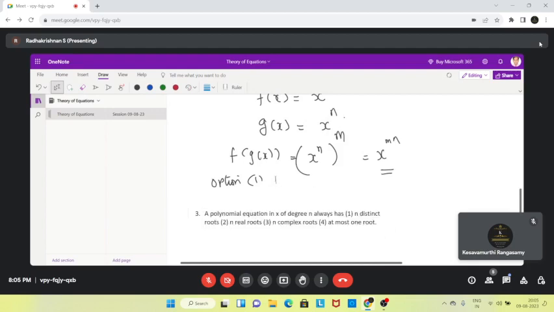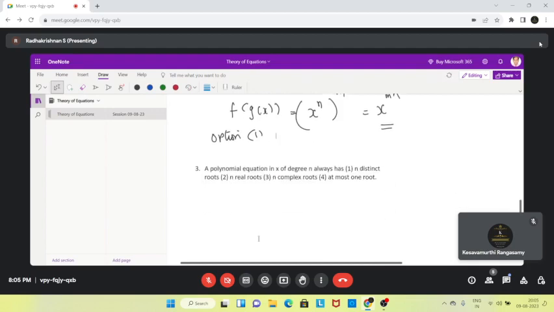A polynomial equation in x of degree n always has: n distinct roots, n real roots, n complex roots, or at most one root. Sorry, n complex roots. What about Santana Mariraj? N real roots, sir. N real roots. Yes, sir.